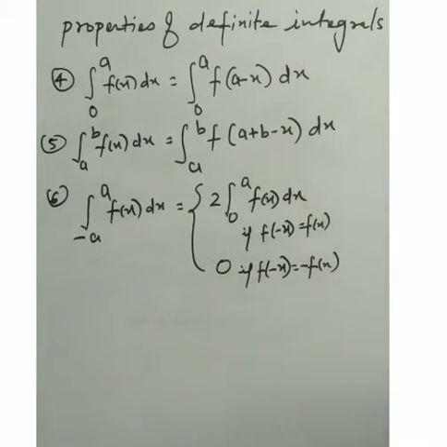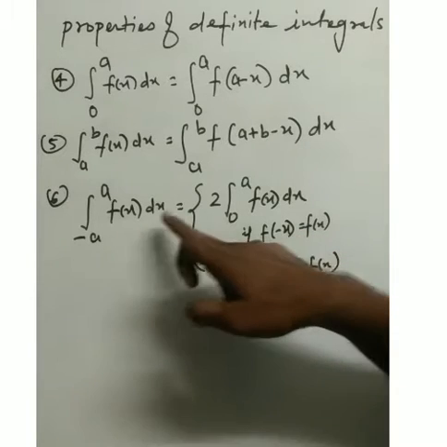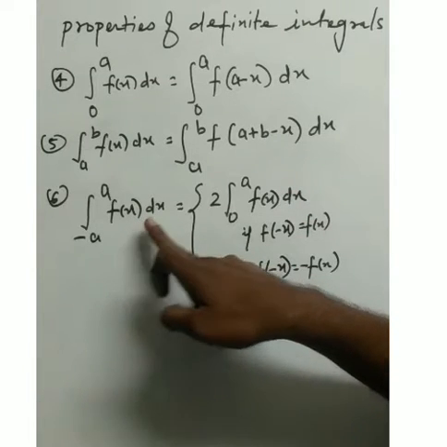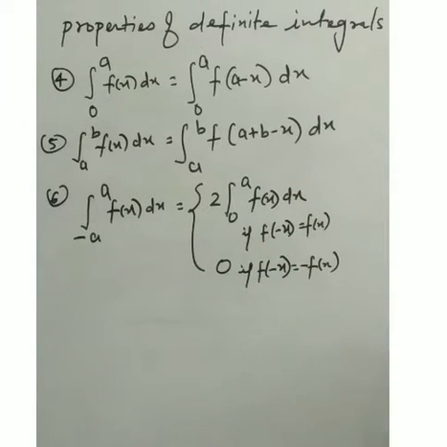It means if the function is even, then it becomes 2 times 0 to a f(x) dx, and if the function is odd, it becomes 0.